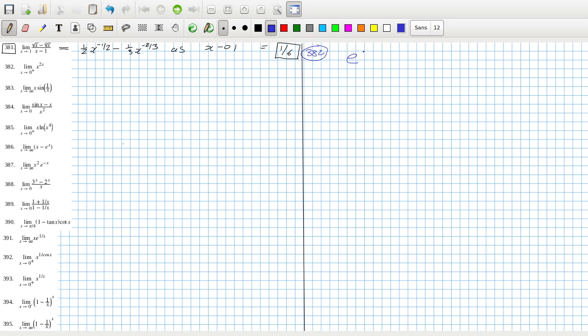The limit of 2x log x as x goes to 0. So that's a 0 times infinity form. Put this one underneath as x at a minus 1.